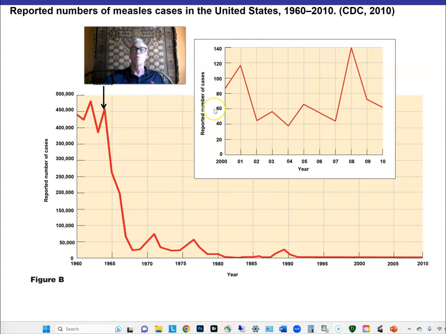This inset shows that we're not talking about true eradication. There are still a handful of cases every year, and periodically people get the notion that they know better, and that vaccinations are not only not important, but they're dangerous, and they refuse to become vaccinated or have their children vaccinated. And what happens is we have a growing population of susceptible people, and so we have little spikes in the disease.